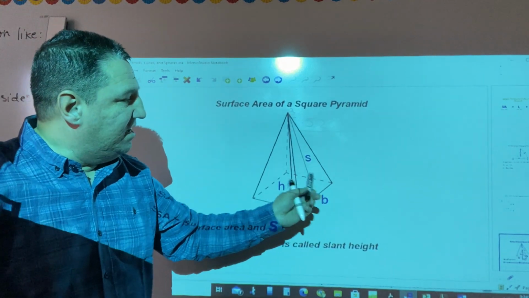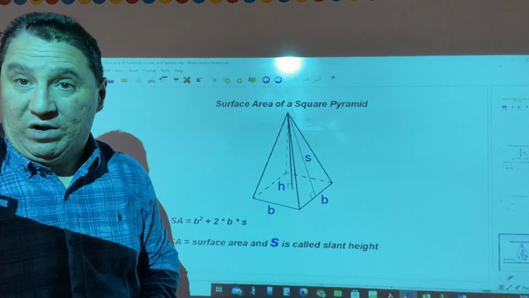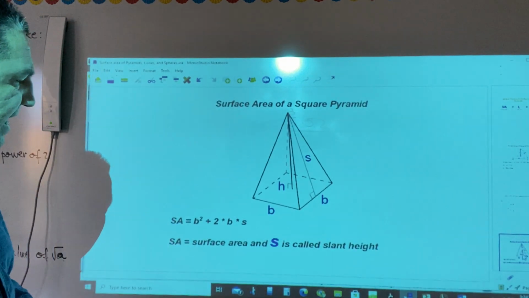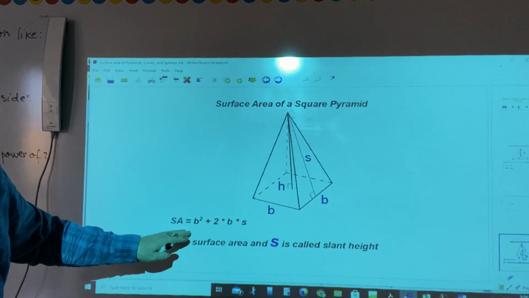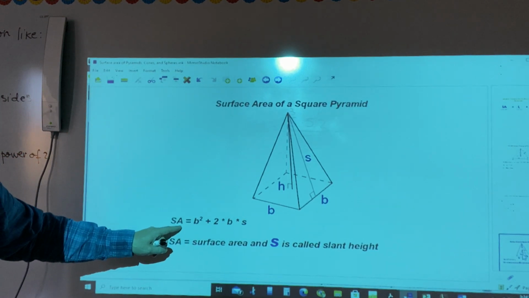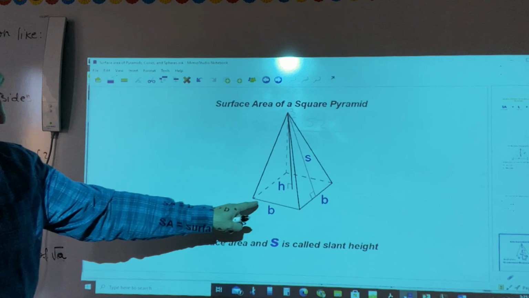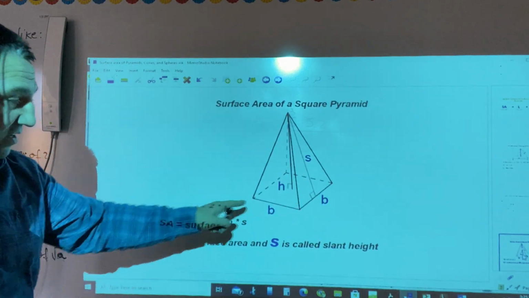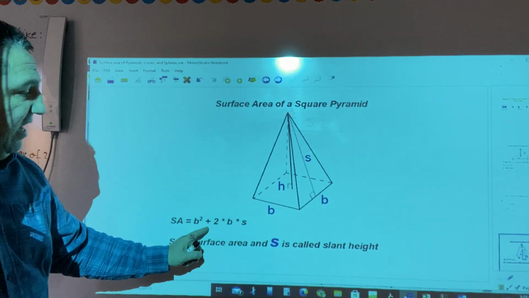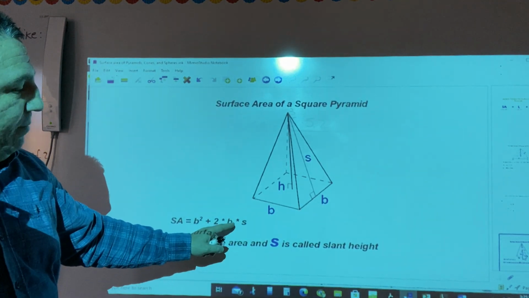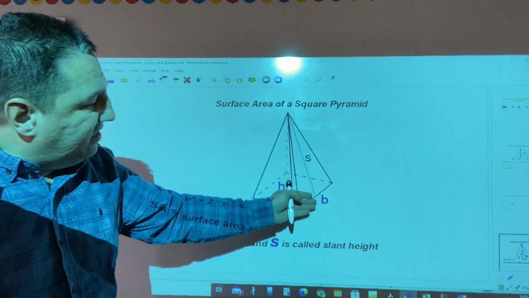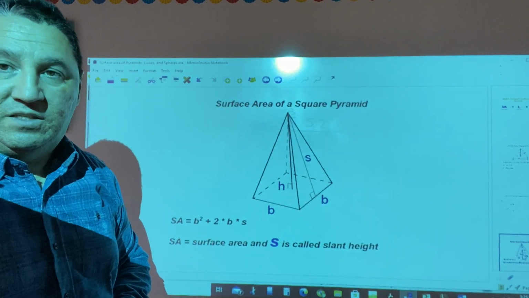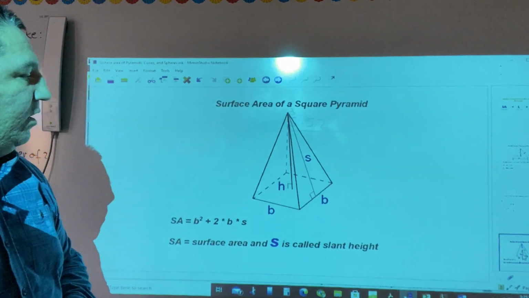Because the sides of the base, which are the sides of the square, are equal. So in this case, we have this formula. Surface area is the area of the base, which is b squared because it's a square, the square of the length of the side, plus 2 times b times s, where s is the height of the side face. Good?